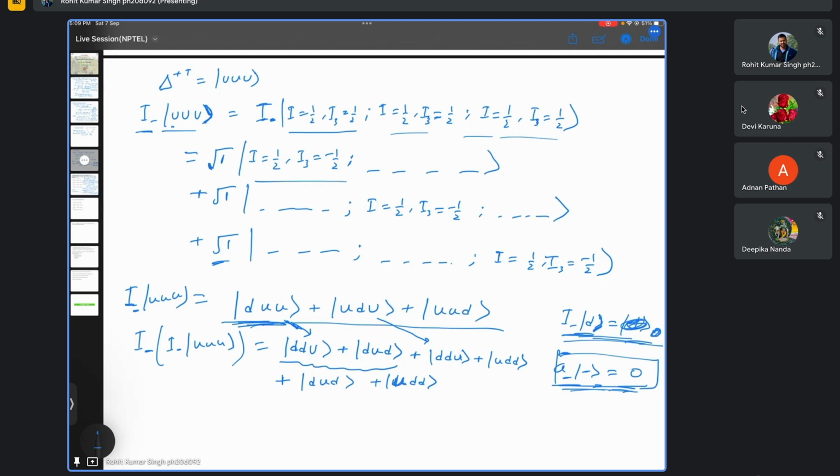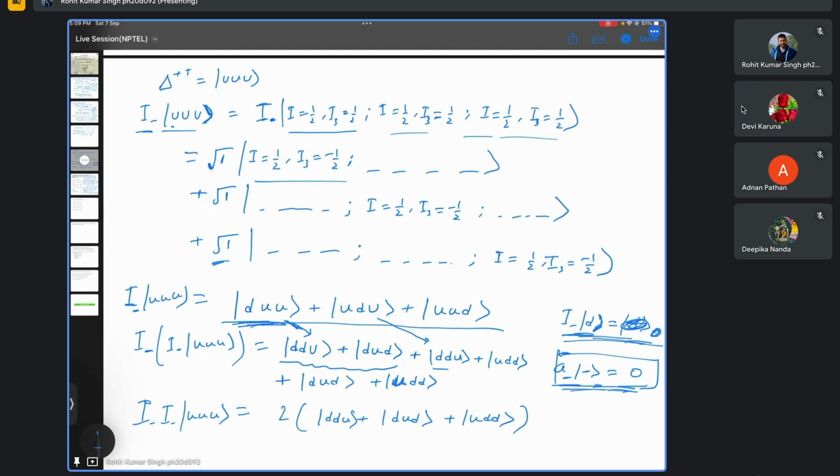Okay, and you can see that there are two terms of each type. So 2 times ddu plus dud plus udd. Okay, so this is what happens when we apply the lowering operator 2 times on the uuu state.